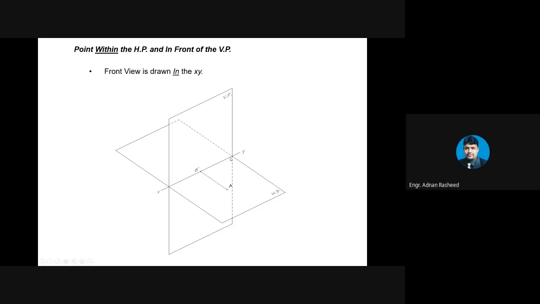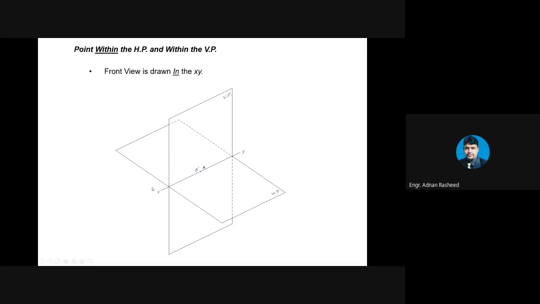Again, point can be within horizontal plane and behind the vertical plane. So you can see now this point is in horizontal plane, but it is behind the vertical plane. So if again you project this point on this plane, the frontal view will be formed on XY line.